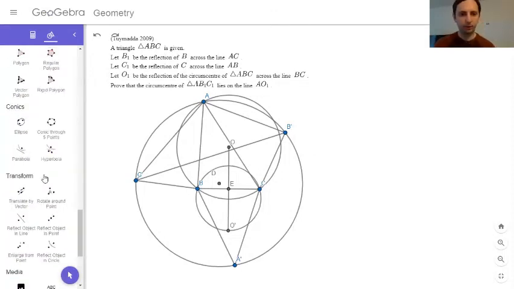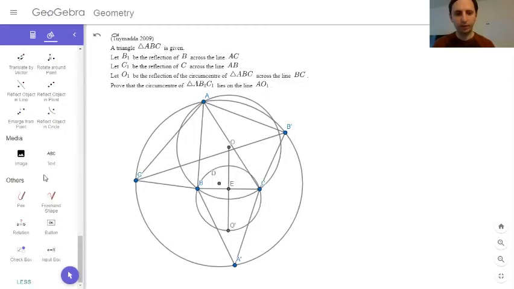I think it's equivalent to showing the reflection of... Okay, basically we want to show that A prime C A is 90, A prime C prime A is 90, and A prime B prime A is 90.